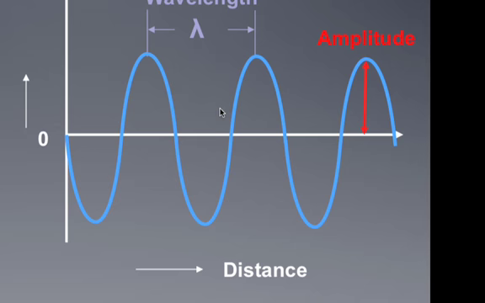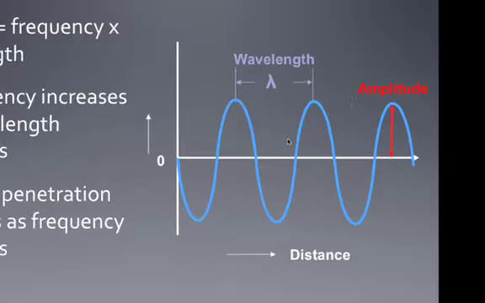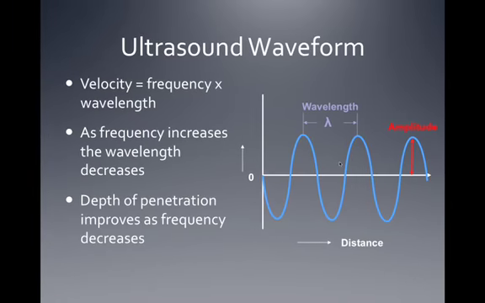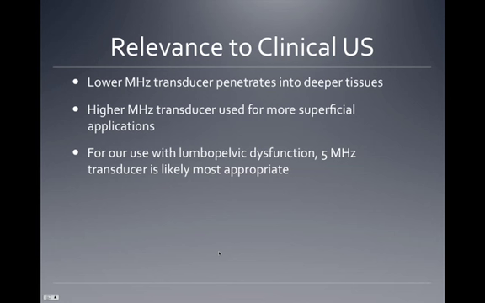Okay, so two factors that frequency does for us. One is that as the frequency decreases, we're able to increase our depth of penetration. So just as in our therapeutic ultrasound, our lower frequency sound heads allow us to penetrate deeper. The trade-off is in how much resolution that we're able to get.